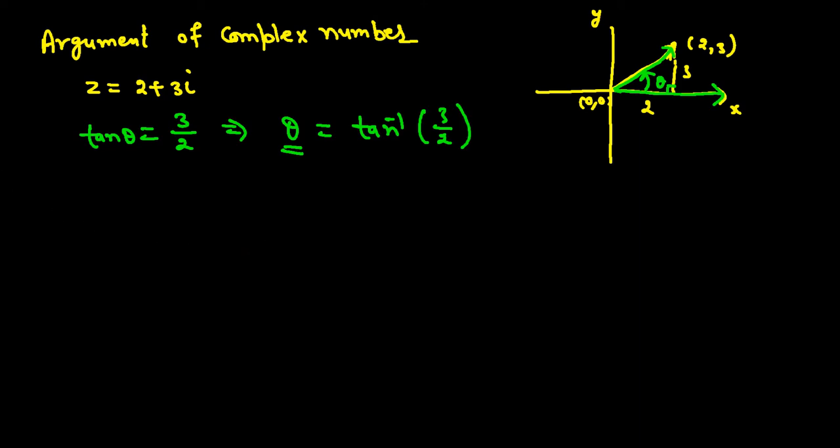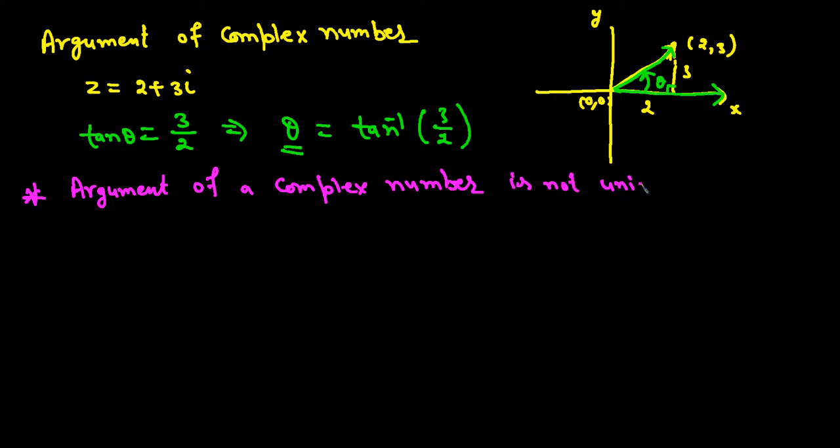And the important thing to remember is that the argument of a complex number is not a unique value. Okay, so the argument of a complex number is not unique.